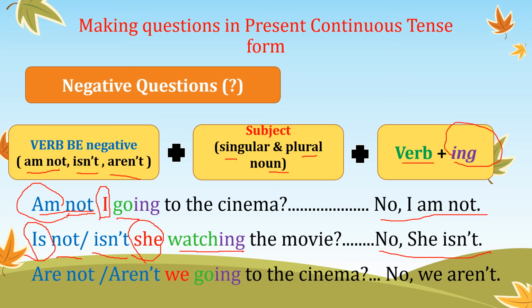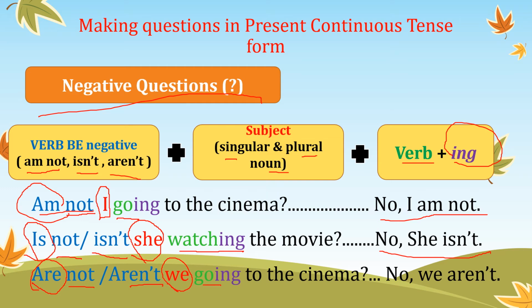And then the next one, verb be, are, and then the word not, because it's a negative question. Are not, or aren't we, the subject, and then verb ing, going to the cinema. No, we aren't.